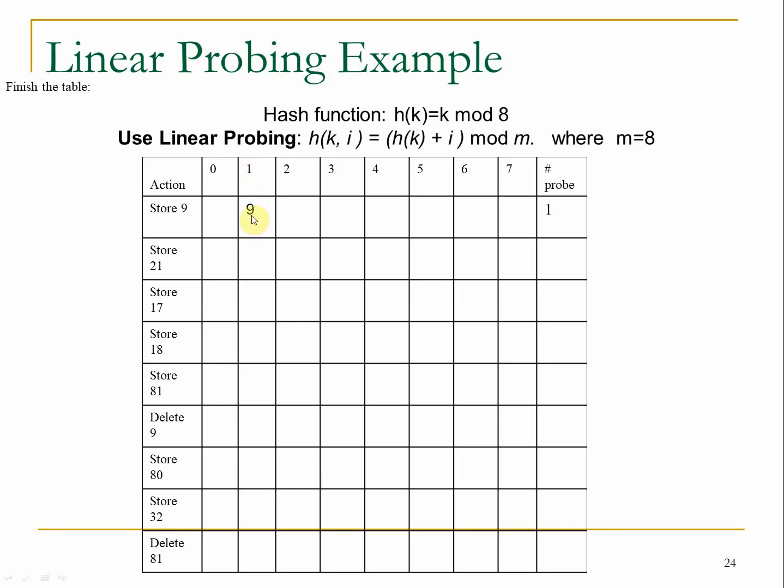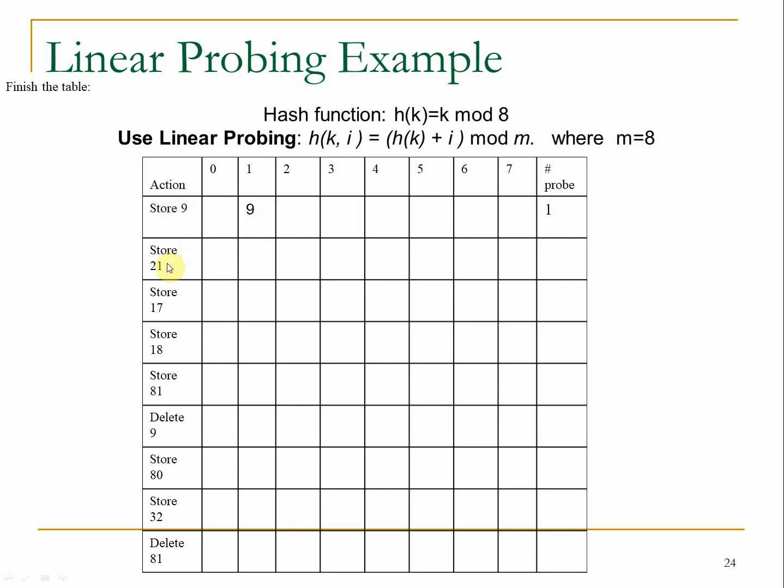Since there's nothing, you successfully put 9 in that location. One more detail is the number of probings, which indicates how many times you try to put the value into a spot. By looking into this operation, we look into the index of 1, we found it available, and therefore the number of probes equals 1.